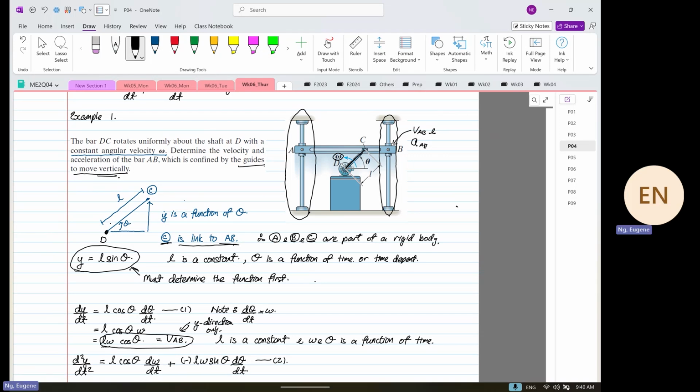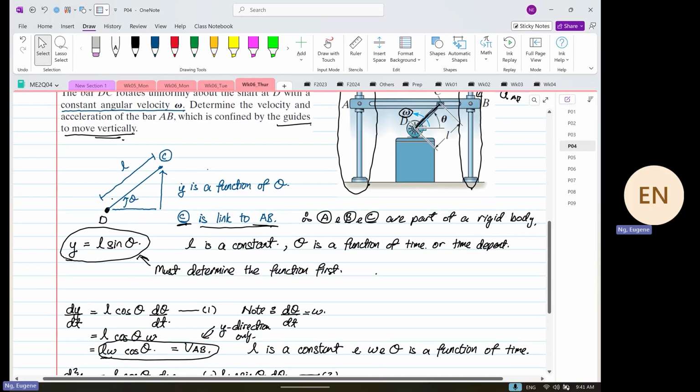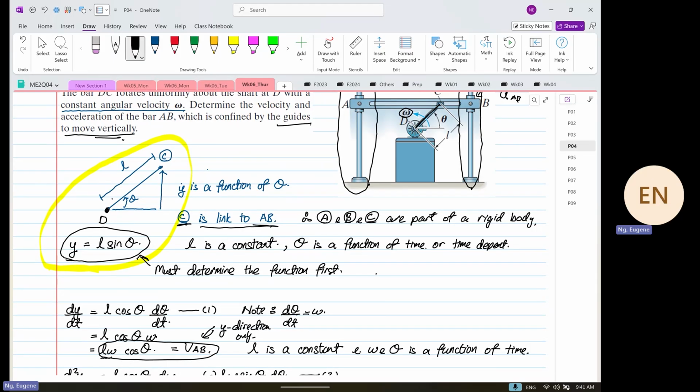Easy, right? Am I right or wrong? The thing to formulate, okay, is you need to visualize this part. So this is what we call analysis.